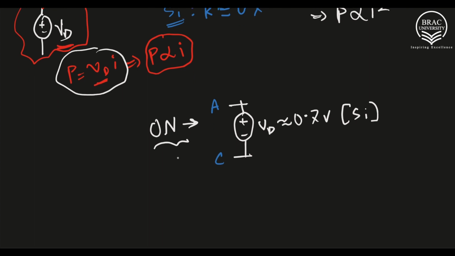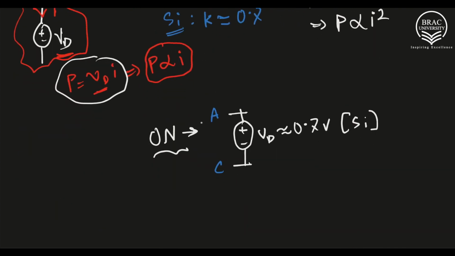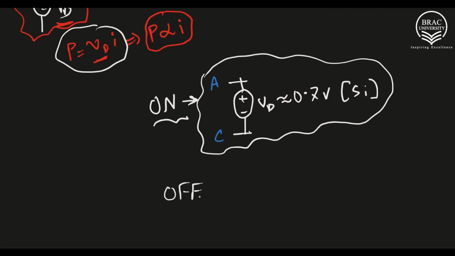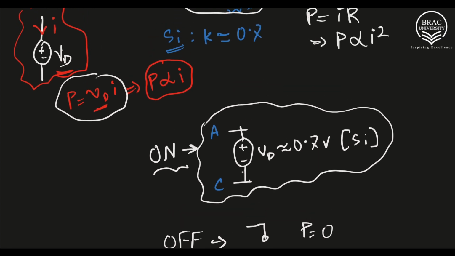What about in off mode? In off mode, we will still replace it using an open circuit, because there is no current flowing, so the power is still zero. So we did not need to modify the off condition. We only need to modify the on condition.